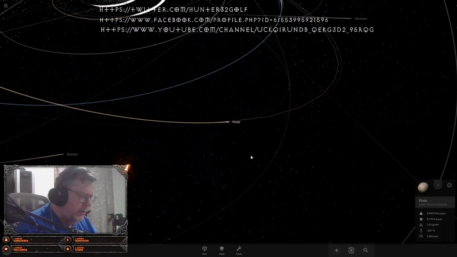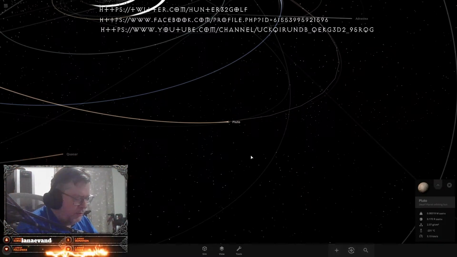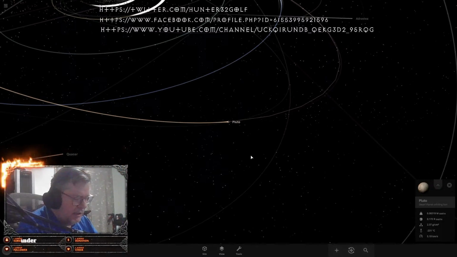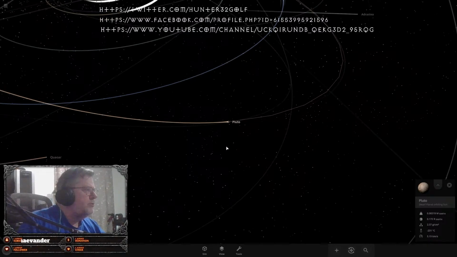Pluto's orbit is 29 AU to 49 AU with a longitudinal distance of 40 AU and a 247-year orbital period. It has 5 moons: Charon, Styx, Nix, Kerberos, and Hydra.